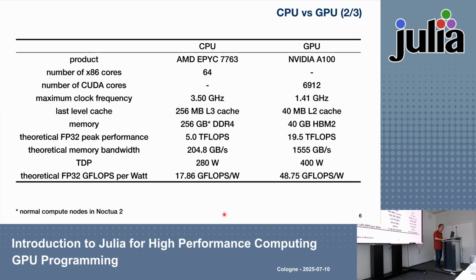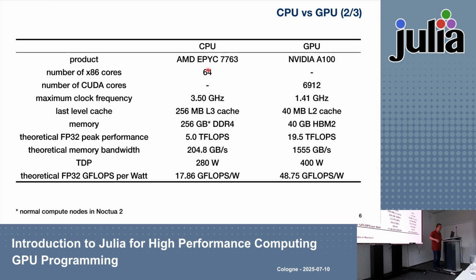This sounds crazy. And then this table shows you some technical comparison between CPU and GPU. Again, no worry about those technical numbers. Those are just numbers. So product: CPU from AMD and GPU from NVIDIA. For the CPU, you have x86 cores, let's say 64.